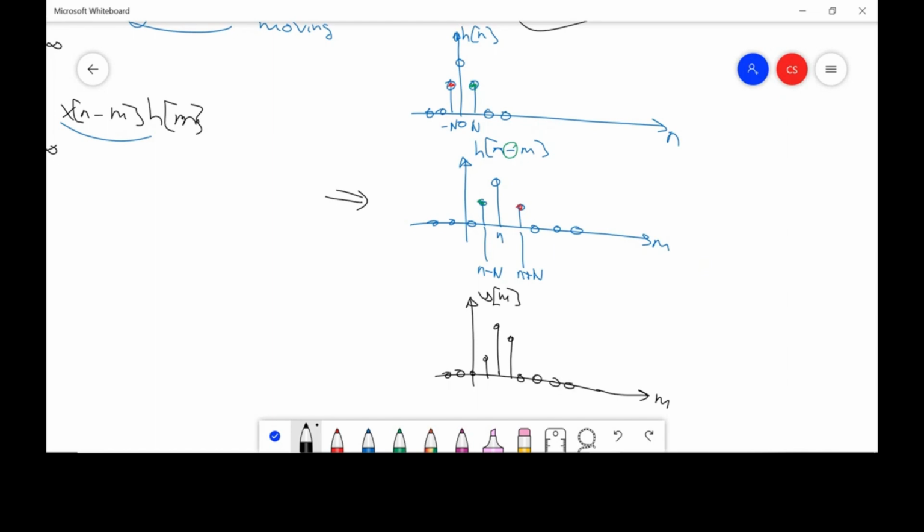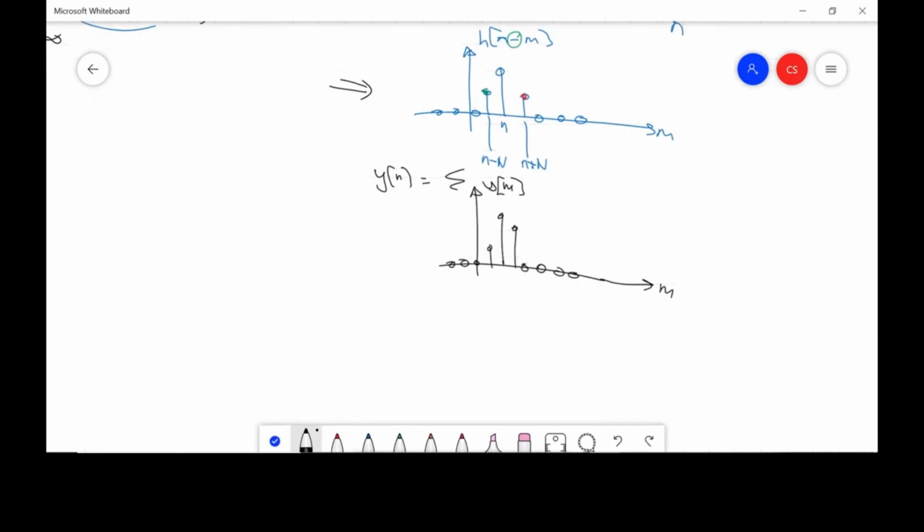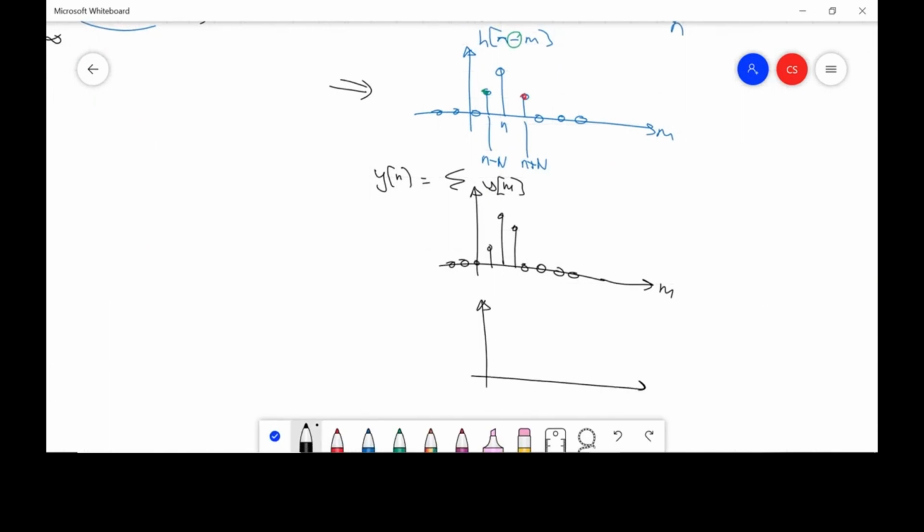And then you have to sum, compute y of n, you have to sum all this. And so you sum everything, and then you have computed one sample of y of n. So now this is n, and you have calculated this sample here in the middle.